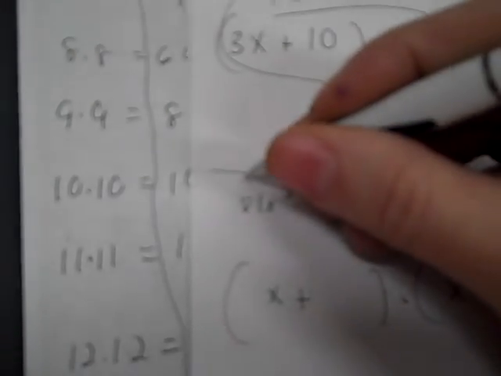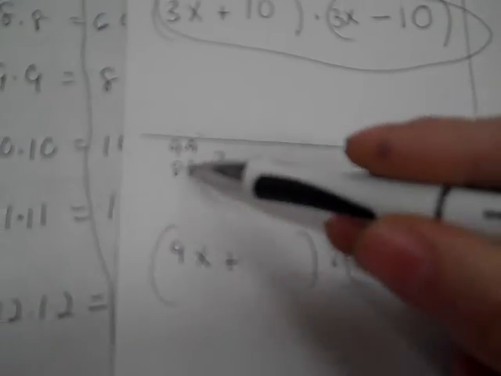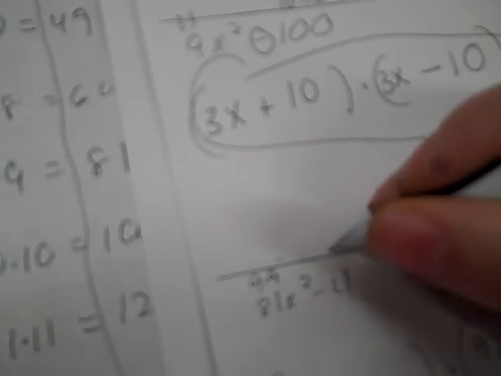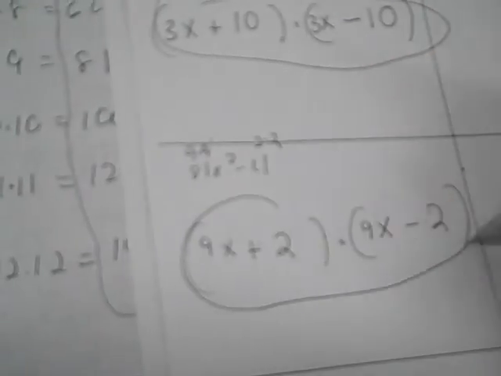Now check your numbers, 81. 81's on the list, that's 9 times 9. So I put the 9's in front of the x's, because this times this should equal 81. Okay, and then 4's in this bubble, and that's 2 times 2. So we have 9x plus 2 times 9x minus 2.